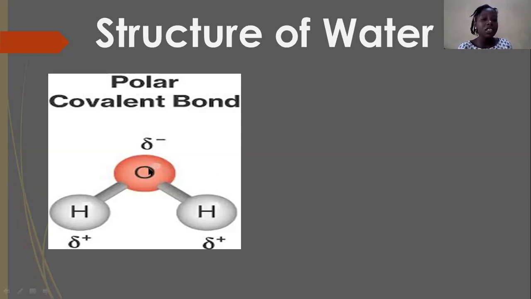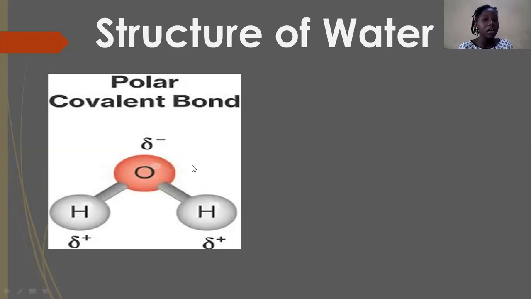This oxygen attracts electrons, pulls electrons towards itself. Because it is pulling electrons from hydrogen, it becomes partial negative and hydrogen becomes partial positive. Such substances that have partial negative charge and partial positive charge are known as polar substances.